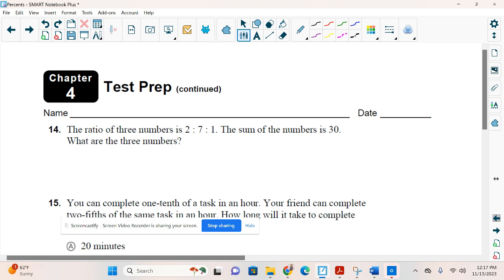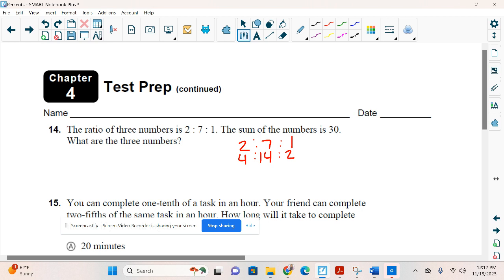So our three magic numbers have to stay in the ratio of 2 to 7 to 1. If I do the ratio again, it would be 4 to 14 to 2.